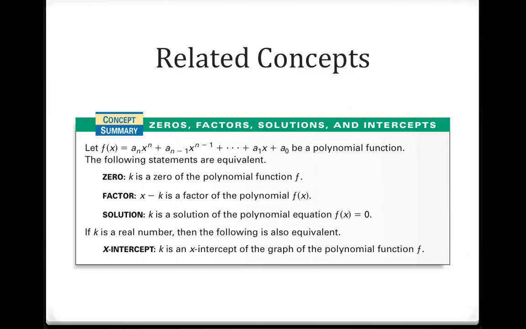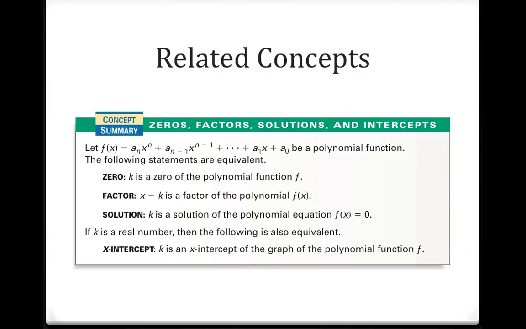So it's basically saying if you have a polynomial function, f of x, then these statements are all equivalent, meaning they're all basically saying the same thing and yet saying it just a little bit differently. So a zero is a number that you can find for a function. So we say that k is a zero of the polynomial function f.